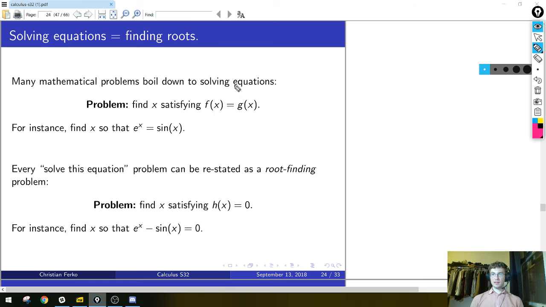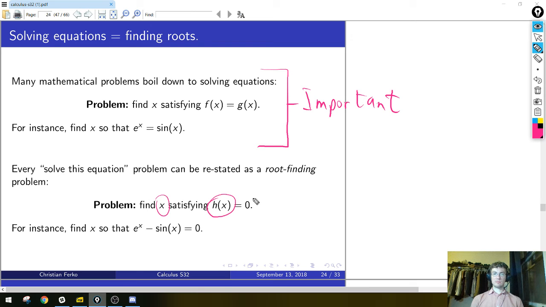The argument I would like to make to you is that if you accept that this first type of problem is important, then you should naturally accept that finding a root is an equally important problem. What is finding a root? A root-finding question is a problem of the form, find a value of x where some function h of x equals 0. As we discussed recently, root equals place where thing equals 0.